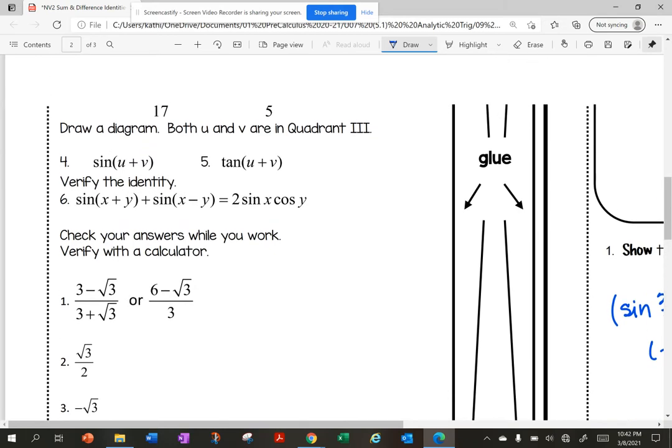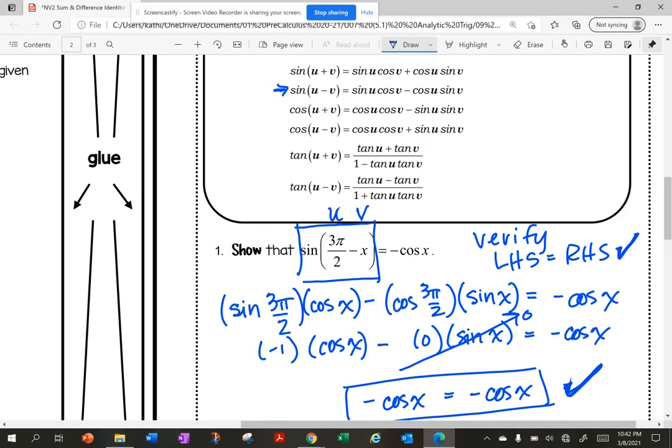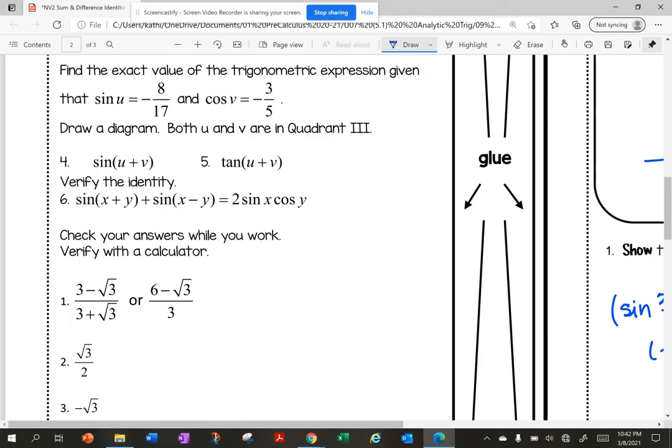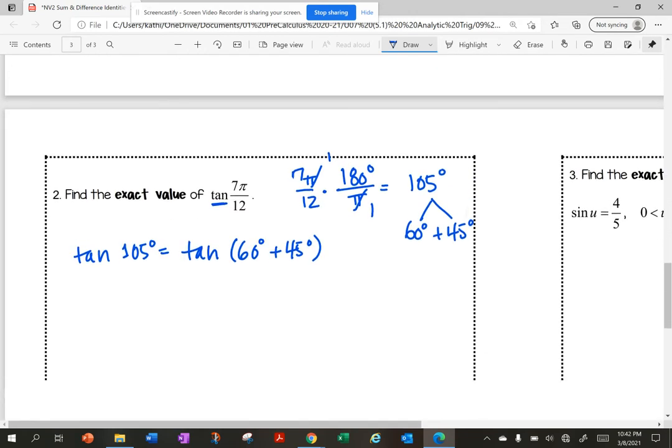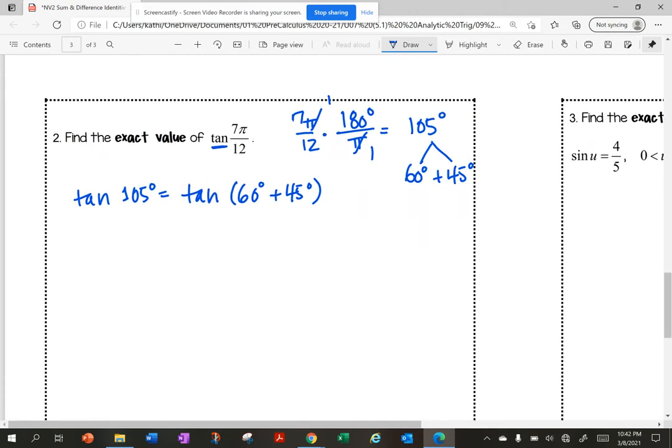So for tangent sum, I'm going to use this formula here. So tangent of u plus tangent of v divided by 1 minus tangent of u times tangent of v. Okay, so u is 60 and v is 45.